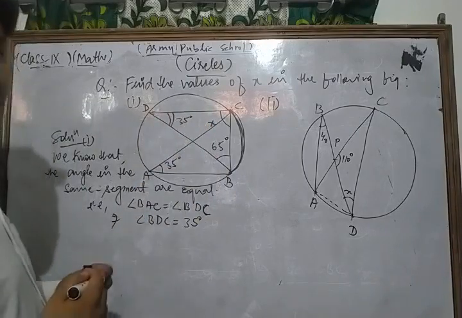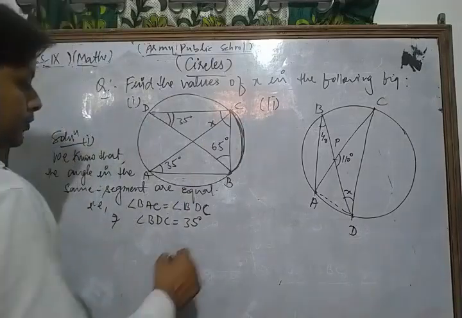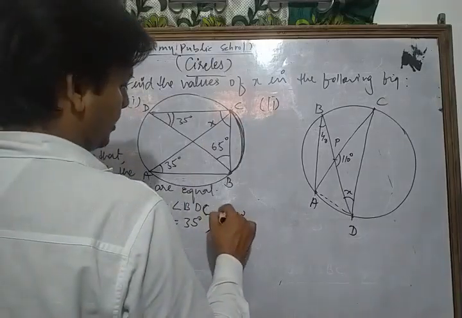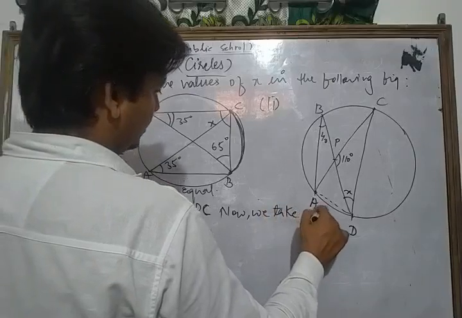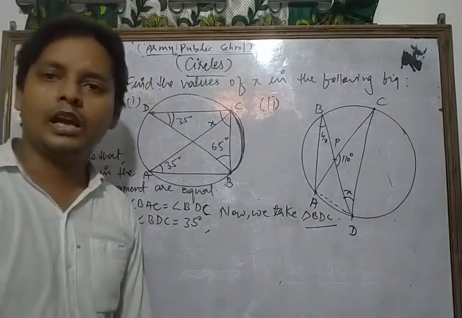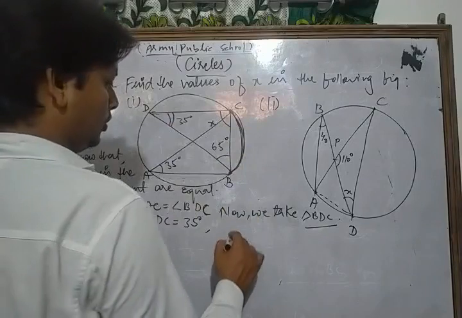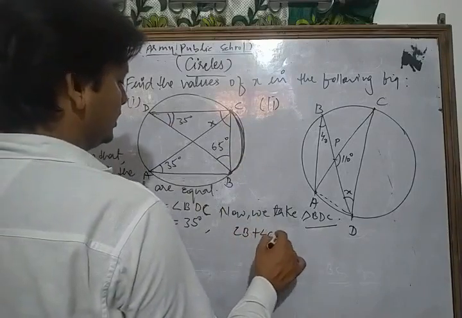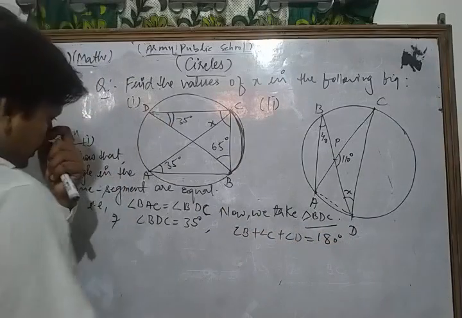Now we take triangle BDC, and in triangle BDC we apply the angle sum property of the triangle. So angle B plus angle C plus angle D is equal to 180 degrees.